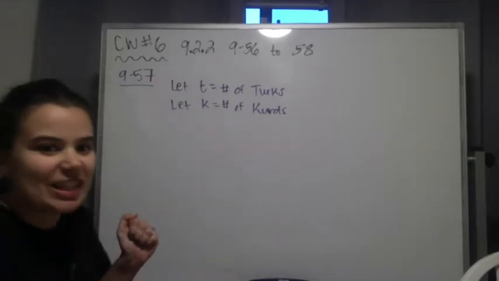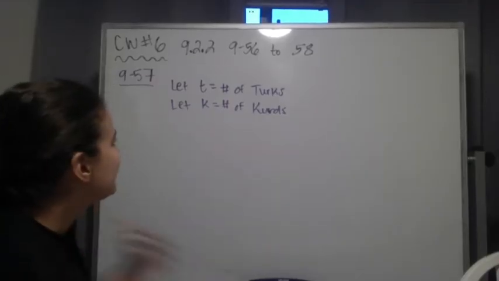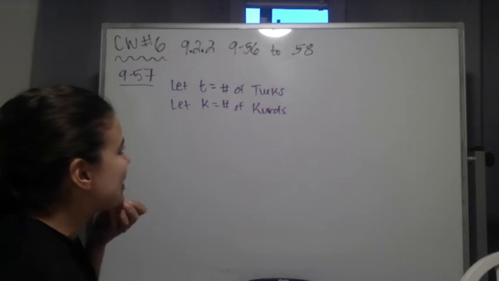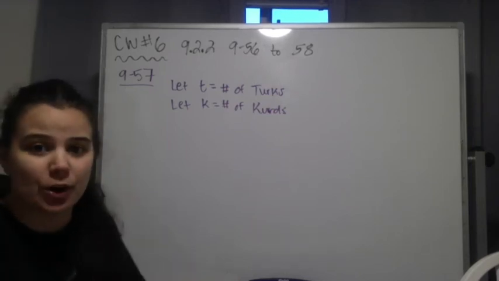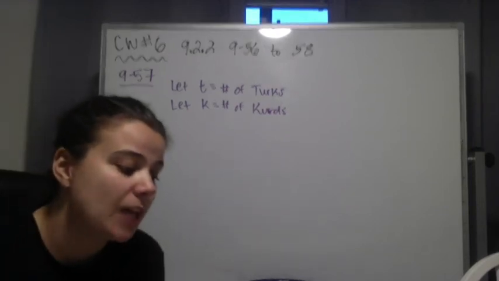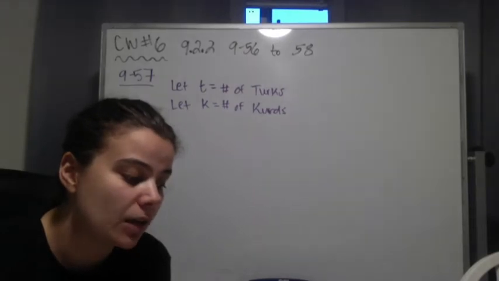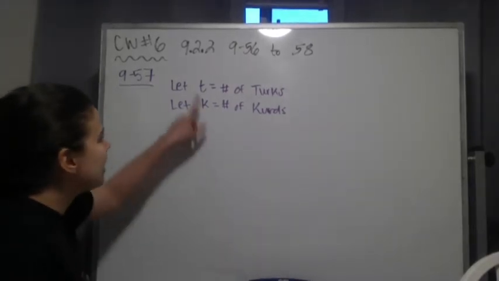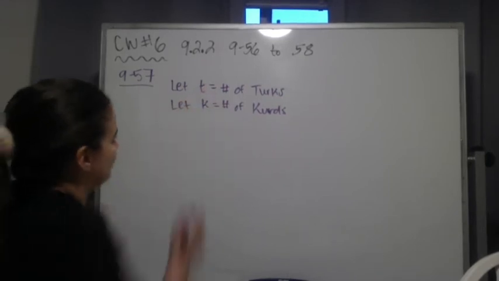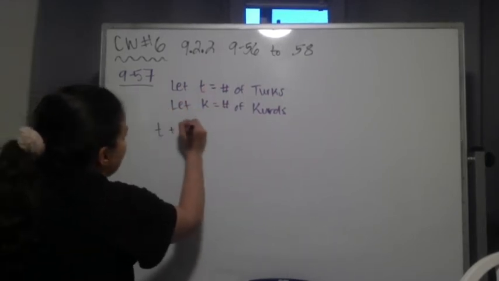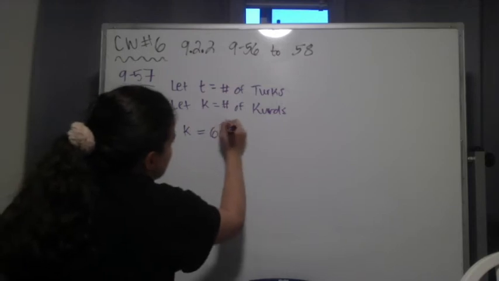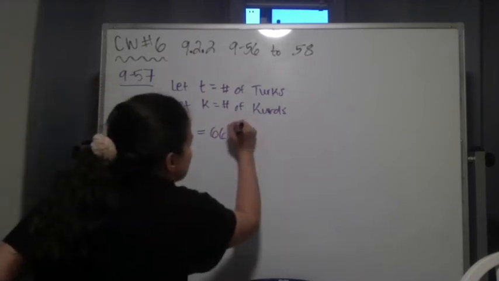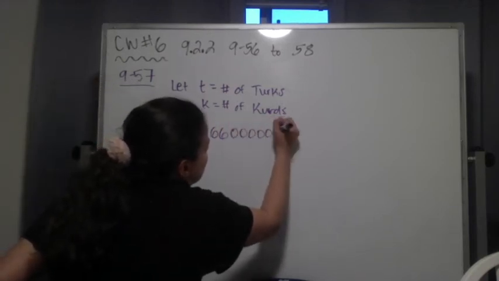All right, let's look at 9-57. The information that they give us is about the number of Turks and the number of Kurds. They do tell us that the total number of both of them is 66 million. So that means that when you add together the number of Turks and the number of Kurds, so T plus K, you should get 66 million, or as I think when I'm writing it, 66 and 6 zeros.